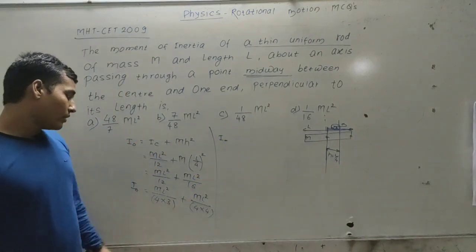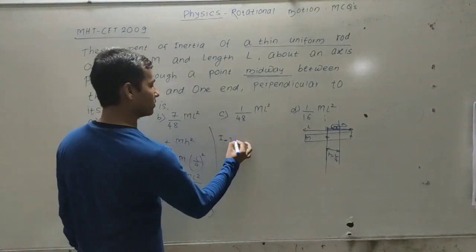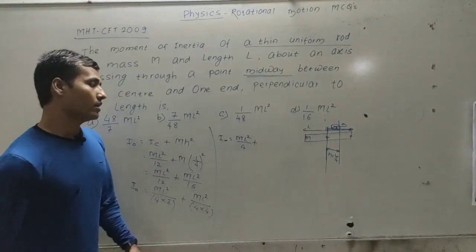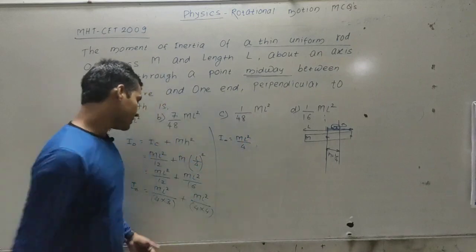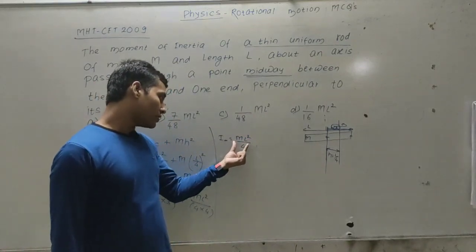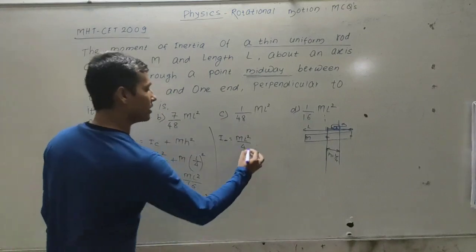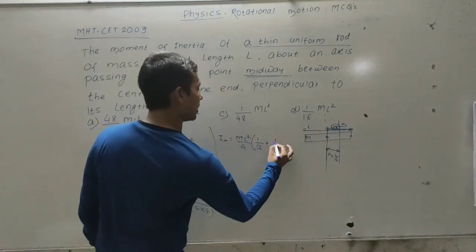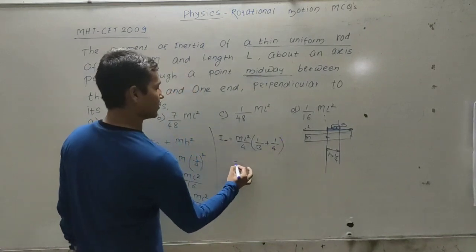Now we can take m L square by 4 common. In the bracket there will be 1 by 3 plus 1 by 4.